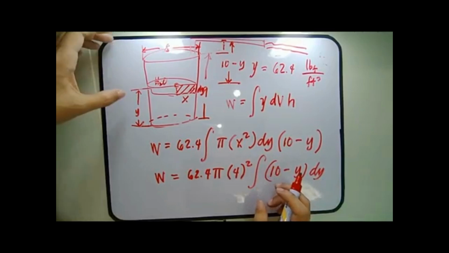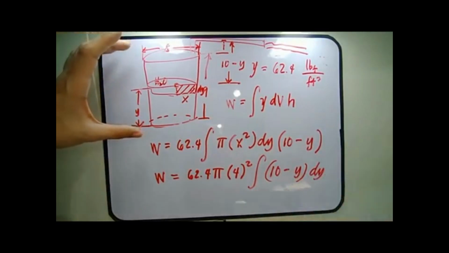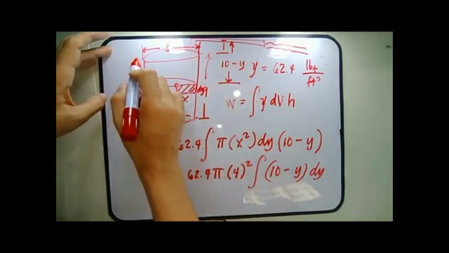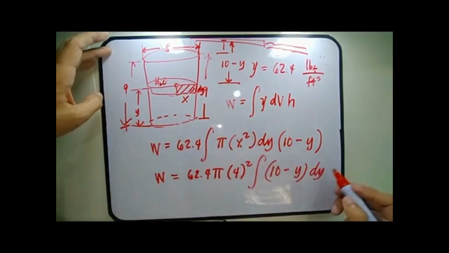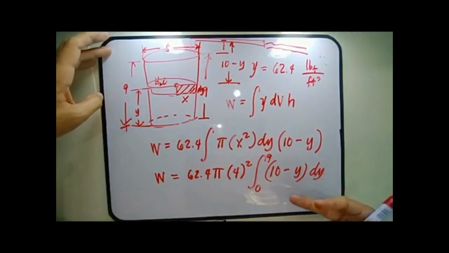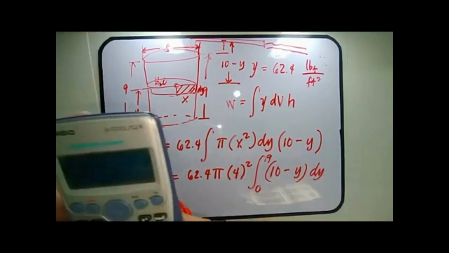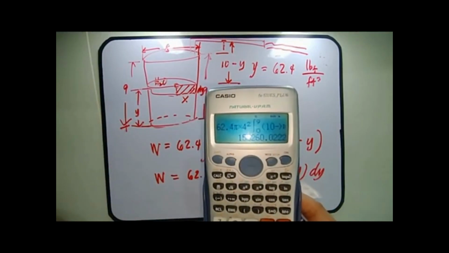Our limit is the fluid in the tank. The fluid in the tank, guys, is full, so therefore it is from 0 to 9. This is at height 9. So 0 to 9. You can use your calculator or you can perform this power formula. You have here, guys, 155 to 60.